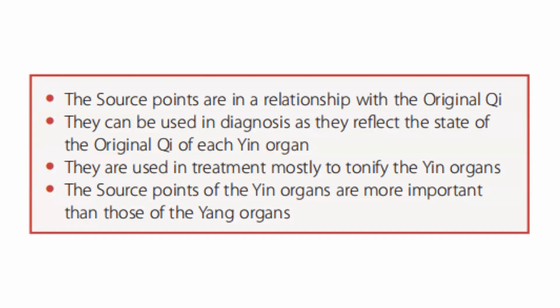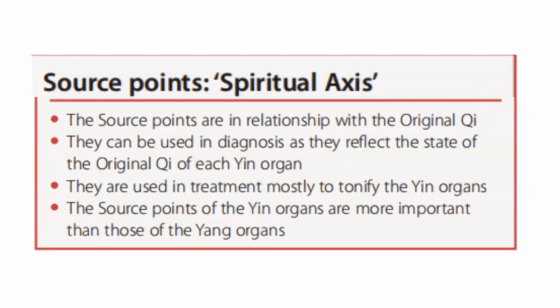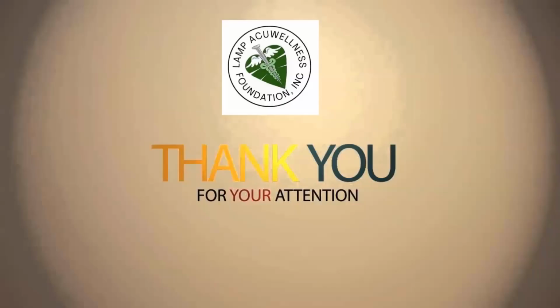They are used in treatment mostly to tonify the yin organs. The source points of the yin organs are more important than those of the yang organs. So, this is what the Spiritual Axis considers the source points. Thank you very much for your attention.